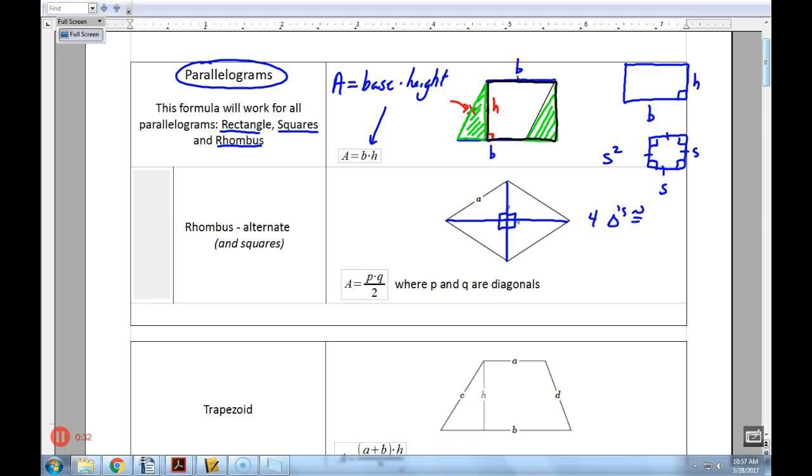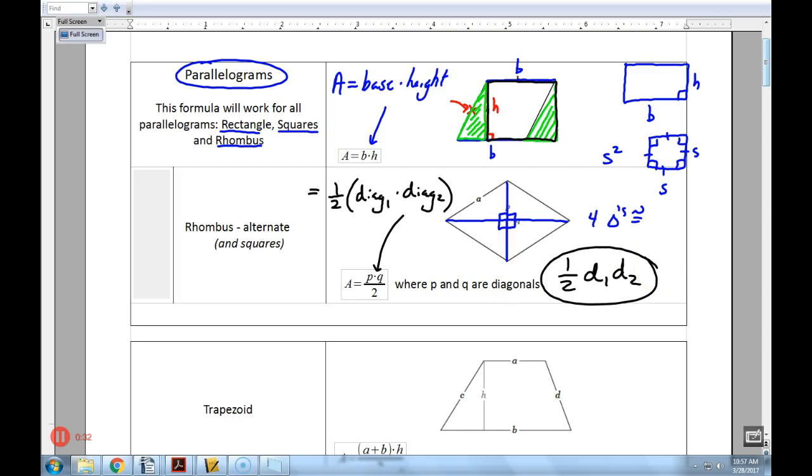If you found the area of one of those triangles and multiplied it by 4, you get a formula that's 1/2 diagonal number 1 times diagonal number 2. They're calling it P and Q. I have never really seen it written that way in too many books. Normally I see it written like this. But it's 1/2 diagonal times diagonal. So we'll do a couple of those coming up in a second.